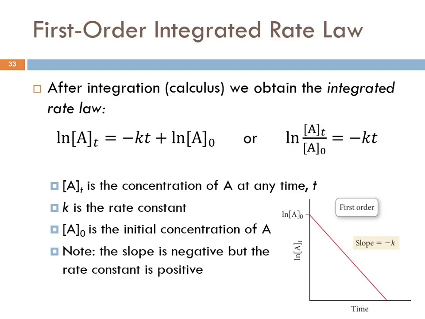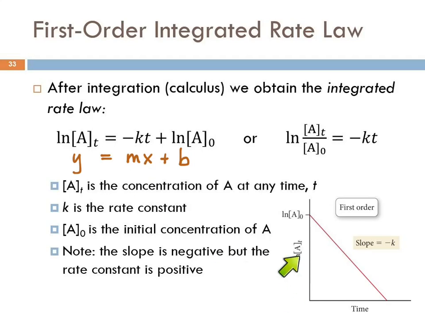If we graph this, well, let's look at this first. This takes the form of the equation for a line. y equals mx plus b. So if we graph y being the natural log of the concentration versus time, time is going to be x.